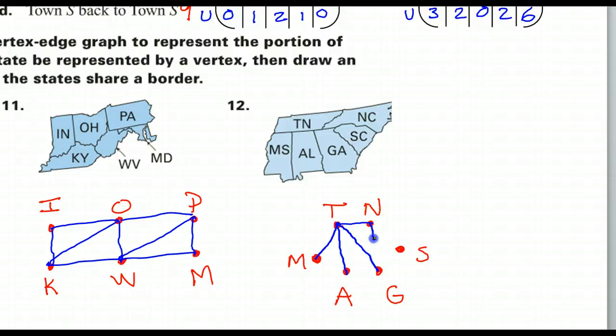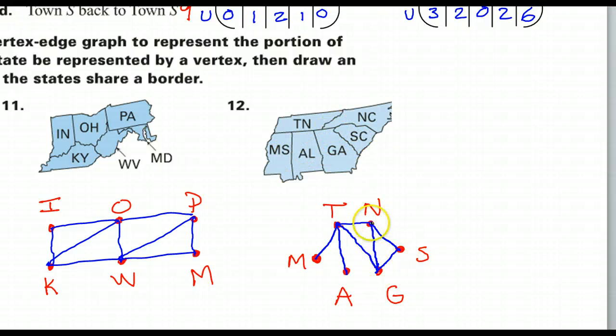So there's Tennessee, Georgia, and South Carolina. All right, South Carolina shares a border with North Carolina and Georgia. So there's North Carolina and Georgia. Georgia, our home state, shares a border with everybody except for Mississippi.